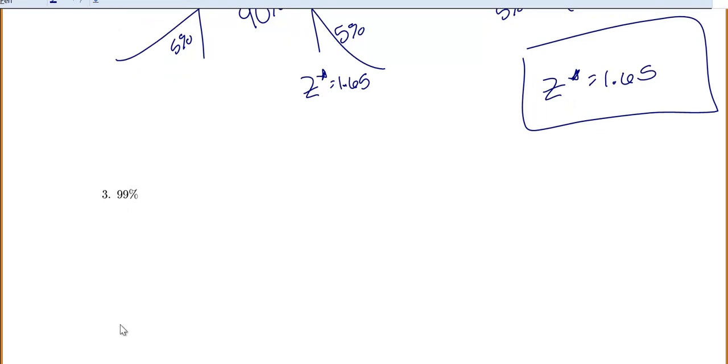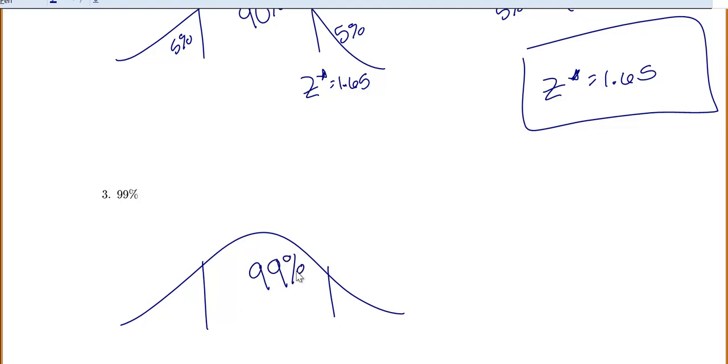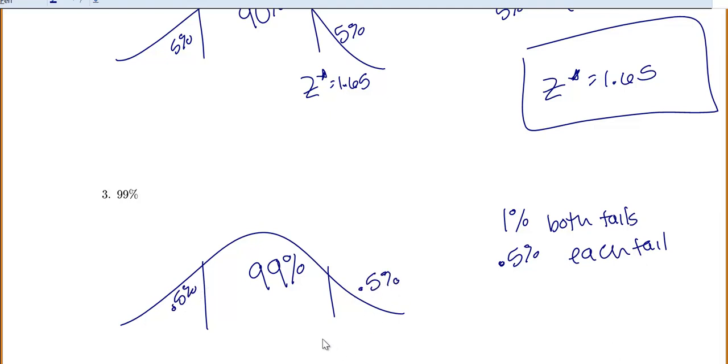For 99%, there's 1% left over, and dividing that by 2 is 0.5% for each tail. So 0.5%, 0.5%, and we're looking for z star.